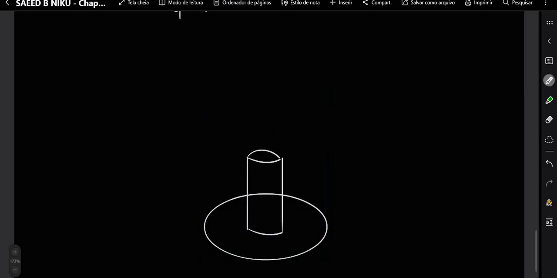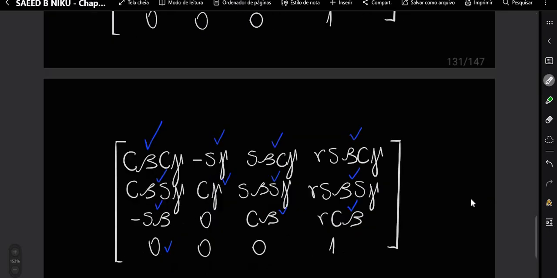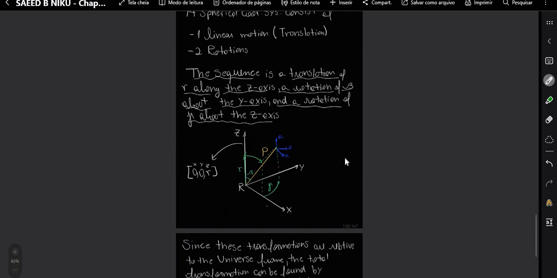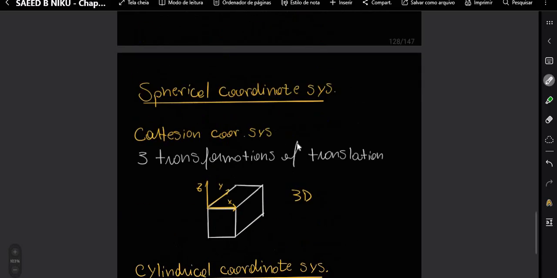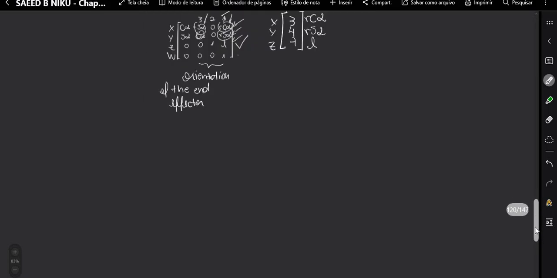So a cylinder gives us the ability to rotate, and this rotation will change the position and will give us one angle. I think it's alpha. Let's see. It's alpha. Exactly, alpha.